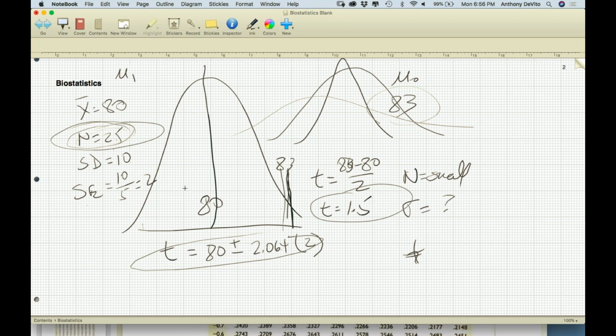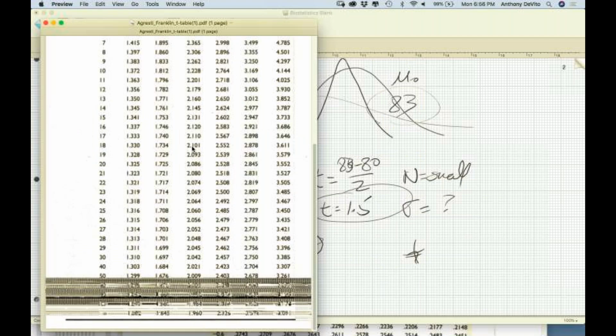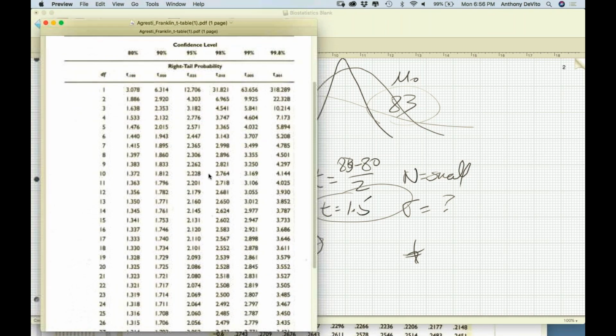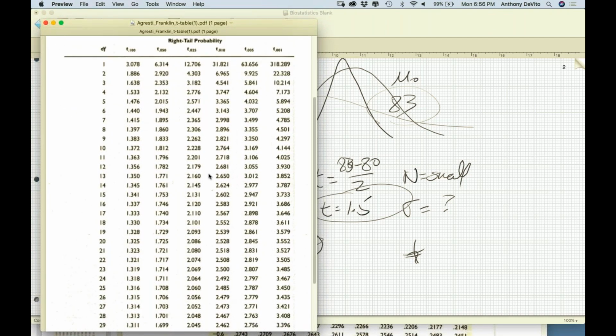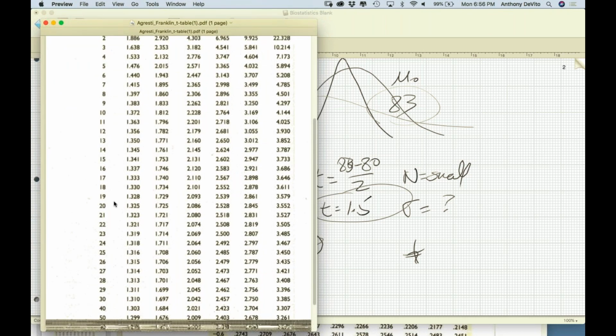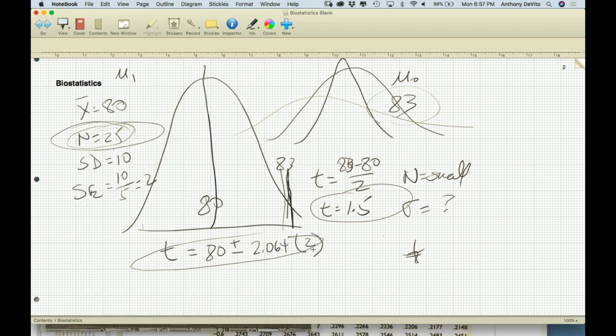Now, let's take a look at our T table. Okay, so our T table tells us for a sample size of 25, 24 degrees of freedom, how many standard deviations or standard errors apart do we have to be? We have to be 2.06 standard errors apart. How many standard errors apart are we?